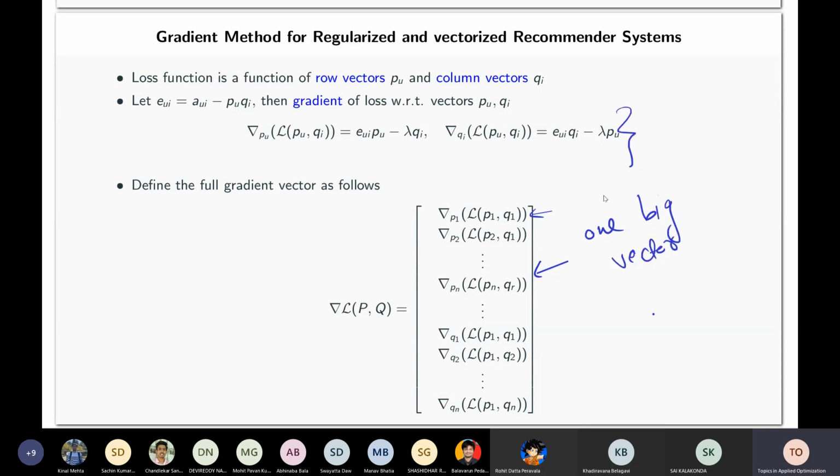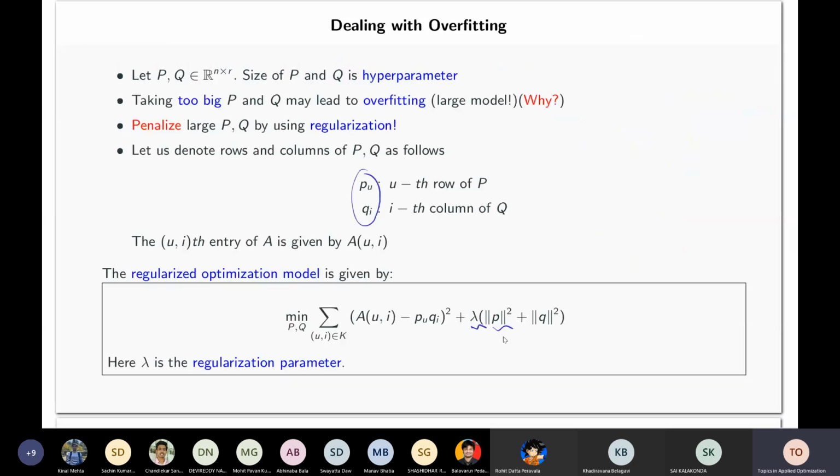Okay, this was a shorthand notation to do this, but as I said, if you want, you can do it entry-wise also. It doesn't matter. You can compute the gradient of L with respect to the ij entry, so del L by del P_ij.